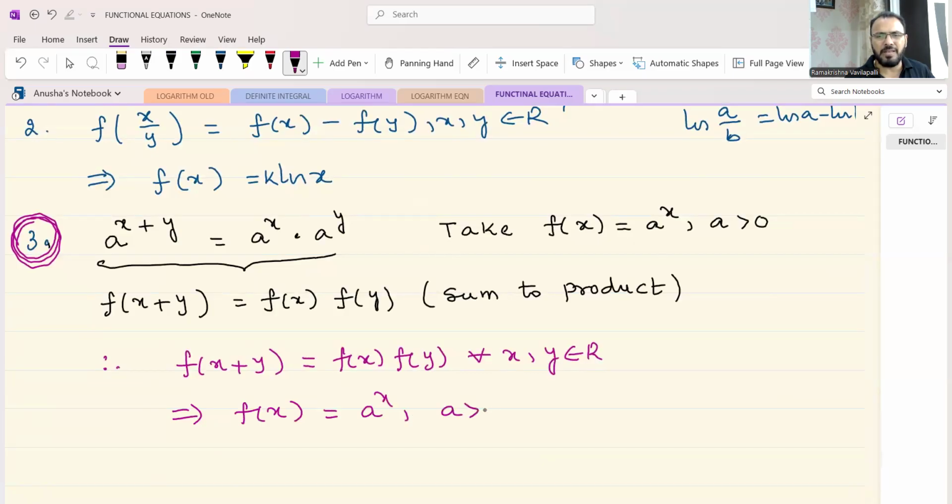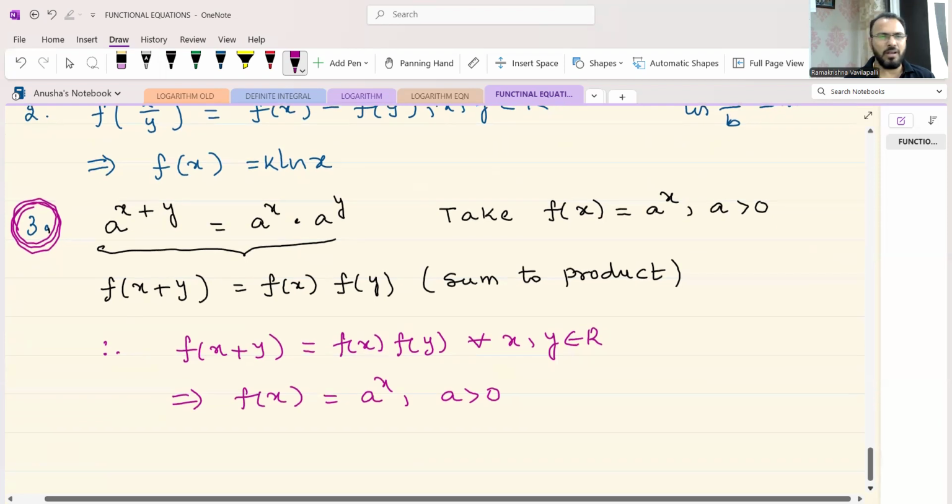Remember, this functional equation is very, very important, and it is so simple. Read it many times and solve some 4 or 5 questions based on this formula. Then automatically you can remember it. It will be stored in your brain. So what is the role of f of x equal to a power x? It converts sum to product: f of x plus y equals f of x into f of y. This is very, very important.